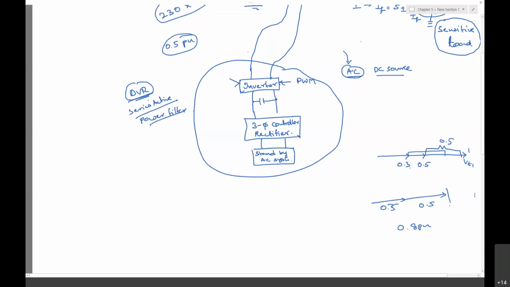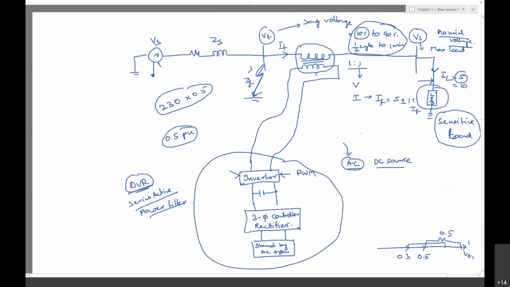These are design considerations with respect to the sensitive load. Maybe the sensitive load has been designed to withstand 0.5 per unit for a duration of half cycle to 1 minute.